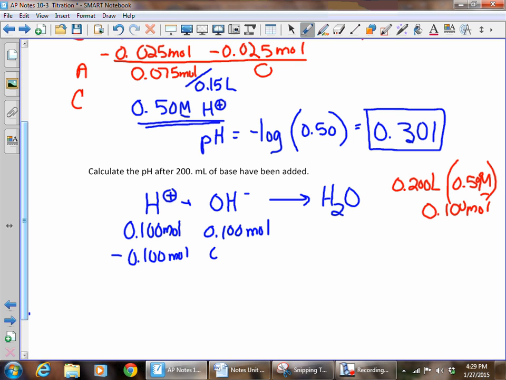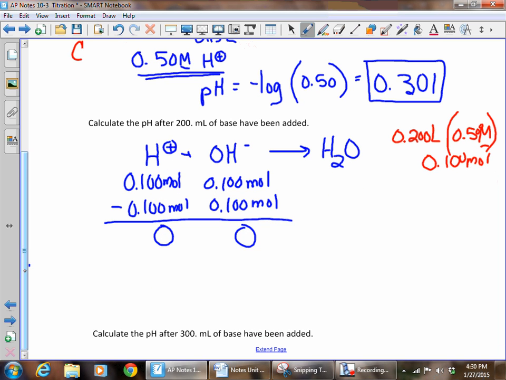And as you can see, what's going to happen here, since we have the same amount of both, we're going to subtract off the 0.100 moles from both, and what we end up with is 0 hydrogen ion and 0 hydroxide ion. Now keep in mind that what this means is that we have no extra hydrogen ions or hydroxide ions. So what we have here essentially is a neutral solution.